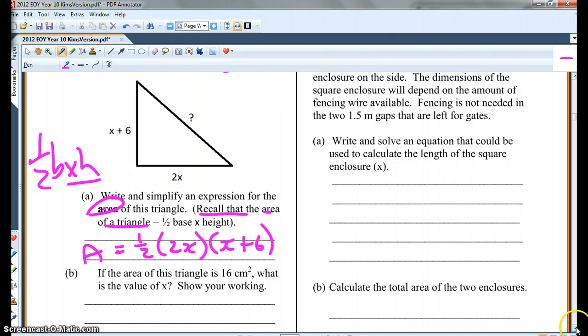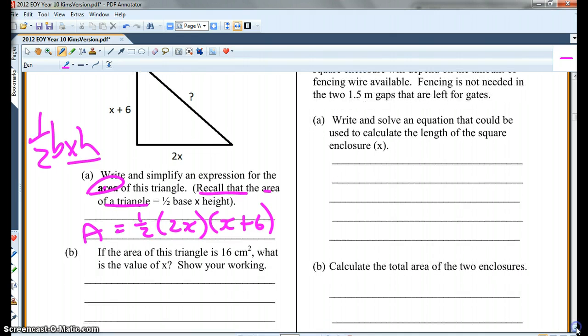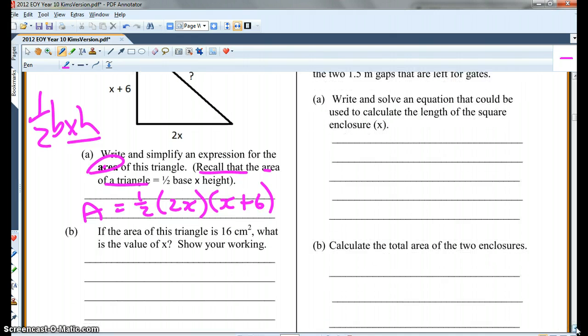If the area is 16 centimetres squared, what's the value of x? So 16 equals a half times 2x is x, and then we've got x plus 6. So 16 equals x squared plus 6x.